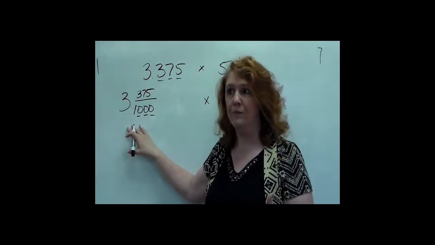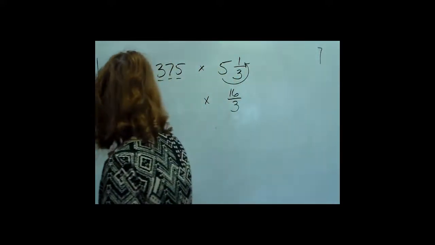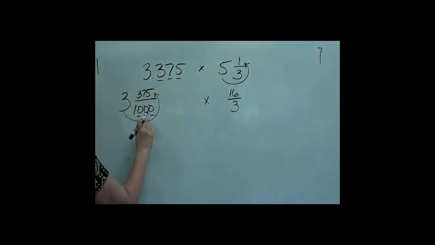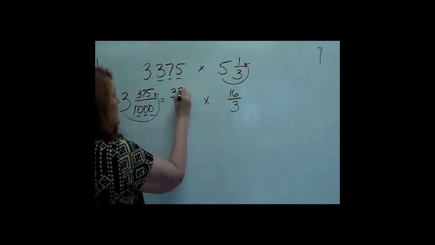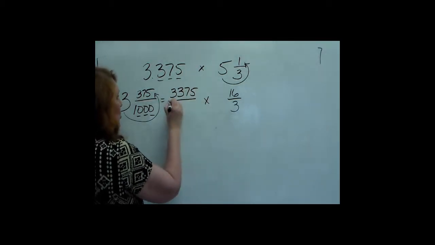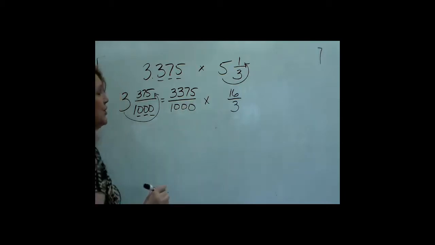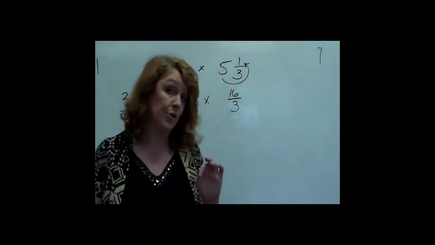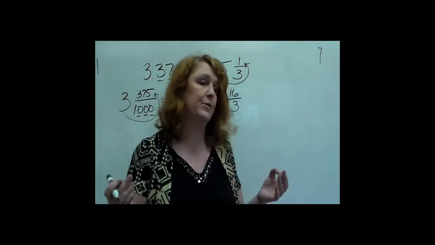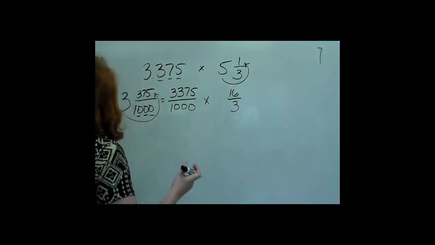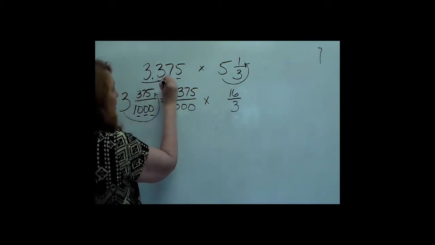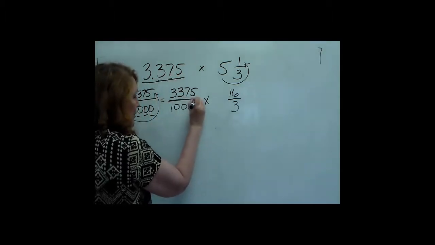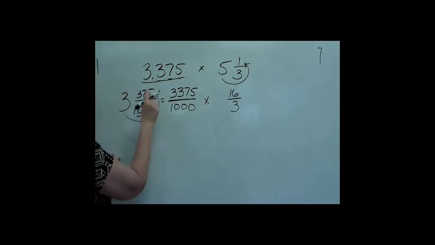Now, this isn't an improper fraction yet. If we do the circle thing here, 3 times 1,000 is 3,000 plus 375 equals 3,375 over 1,000. Here's what I need you to see. I need you to see the shortcut. You don't have to, but it's easier. Notice that this and this number are the same number.